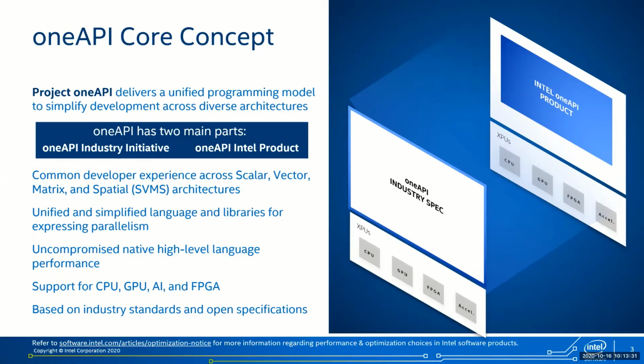The intent of oneAPI is to provide a common developer experience across all of these architectures, scalar, vector, matrix, and spatial, that generally map into the CPU, GPU, specialized AI accelerators, and FPGAs.